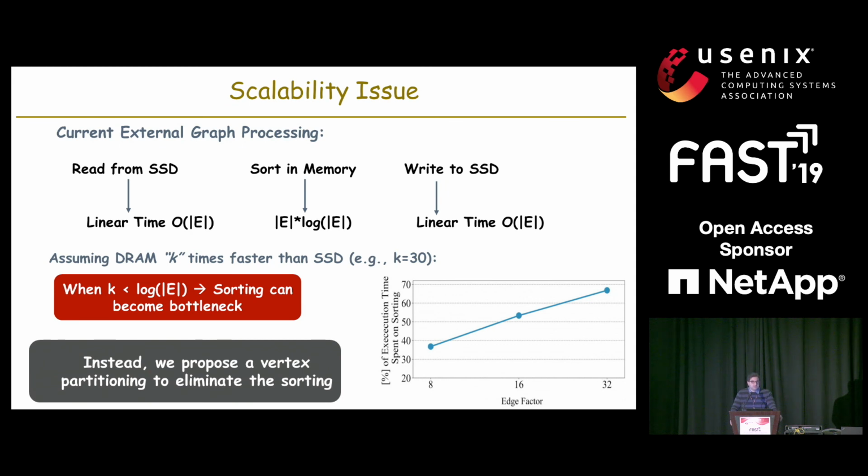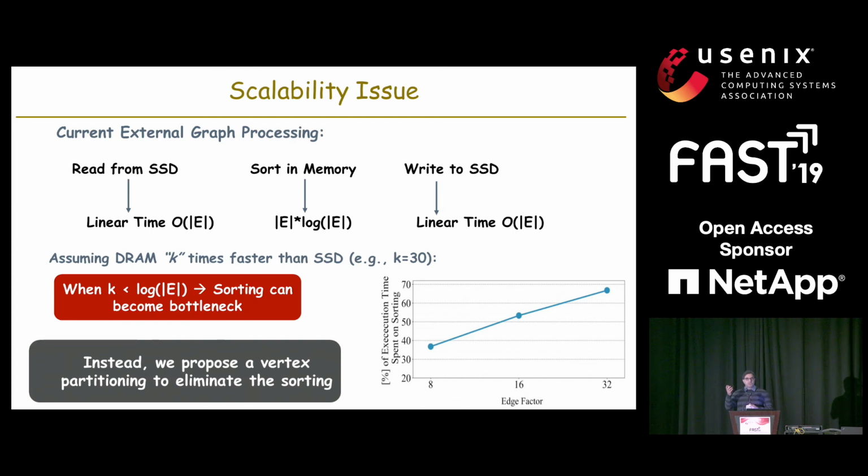And can you elaborate more on the graph? Sure. This graph has a constant number of vertices, but we increase the edge factor. This is a synthetic graph, and we run the PageRank algorithm on it. The edge factor is the ratio of edges to vertices, right?